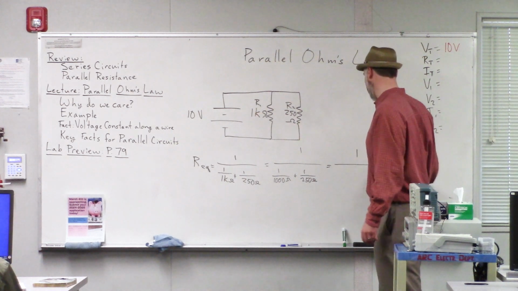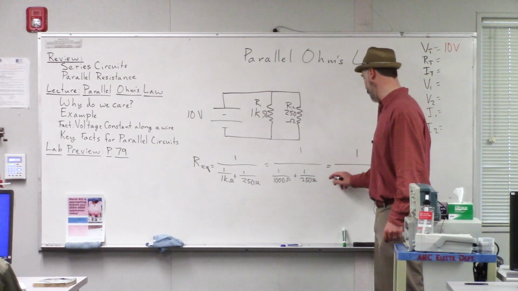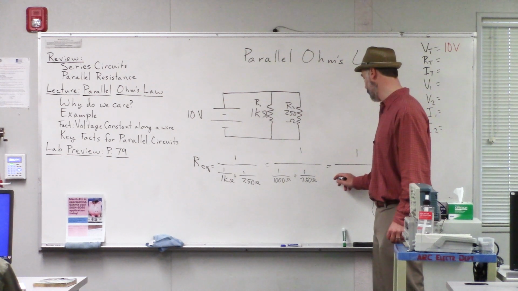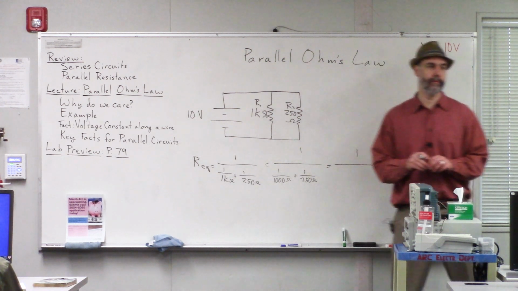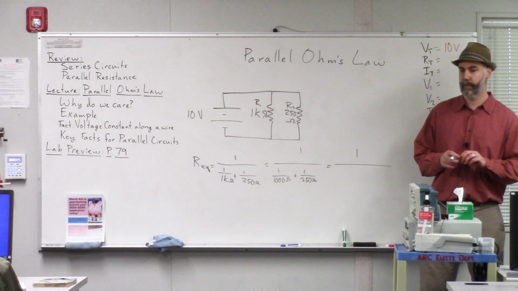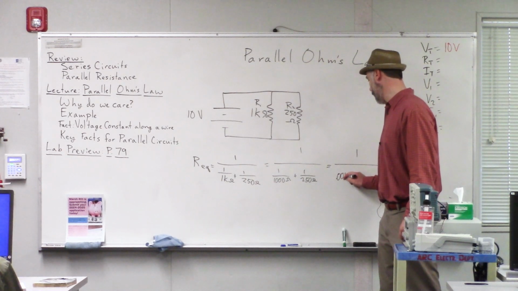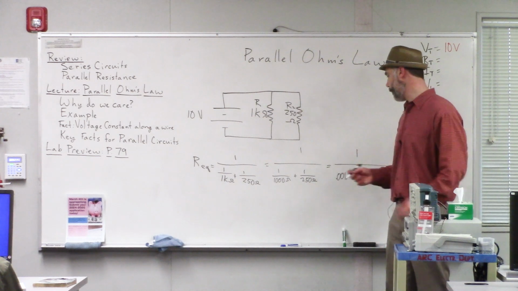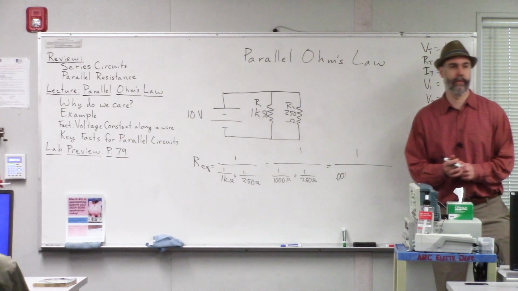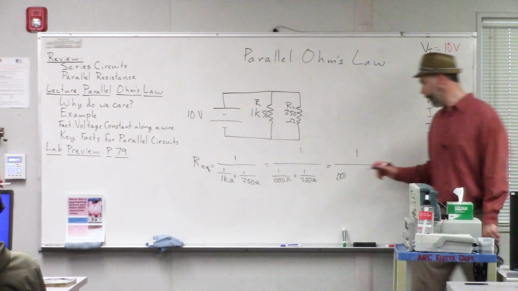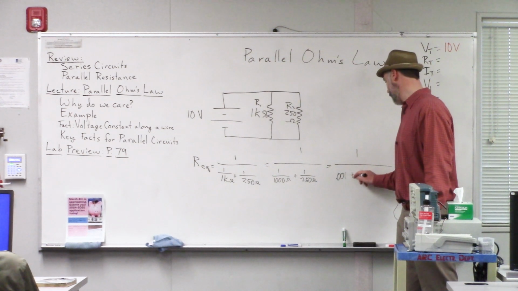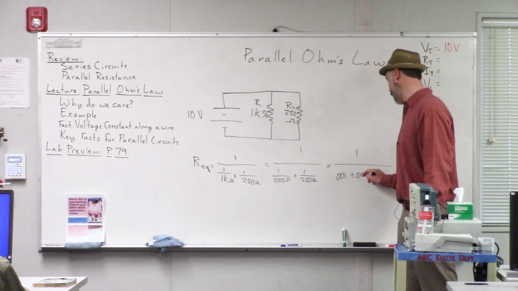I can put it in a calculator. So what's 1 over 1,000? 0.001. Okay, and then what's 1 over 250? 0.004. Okay, so plus 0.004.